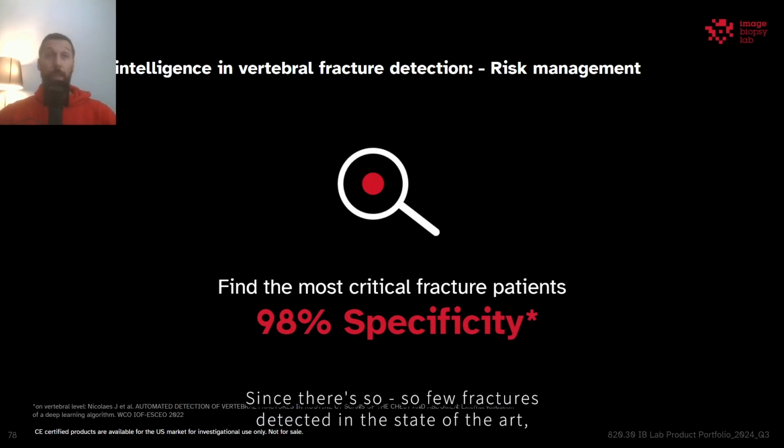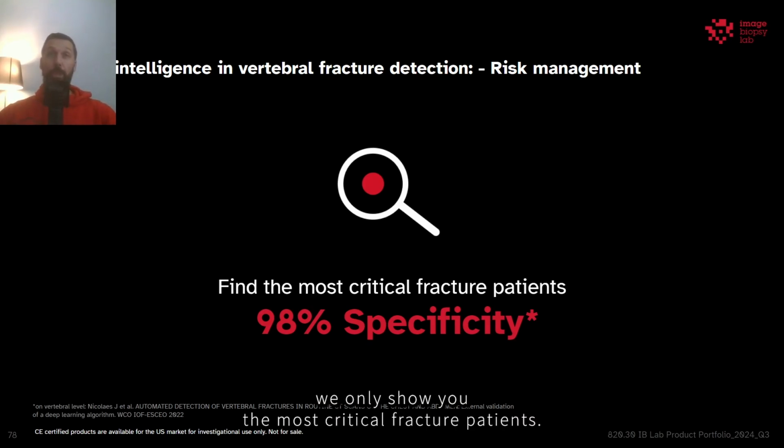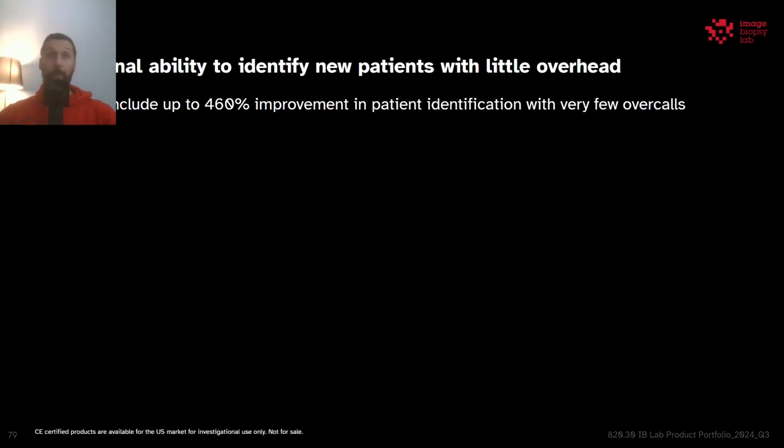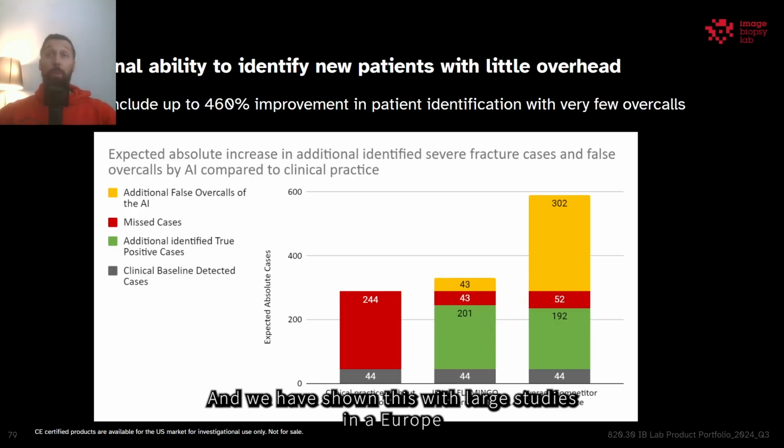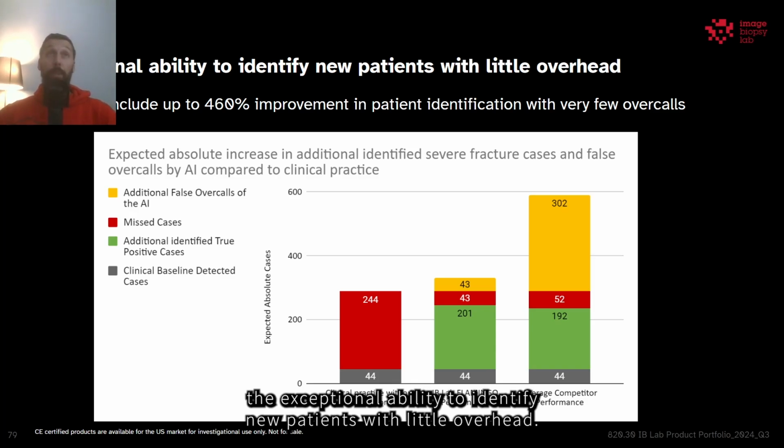Since there's so few fractures detected in the state of the art, we only show you the most critical fracture patients. And we've shown this with large studies in Europe that looked at the state of the art and how much we actually improve the state of the art compared to the competition. So we have the exceptional ability to identify new patients with little overhead.